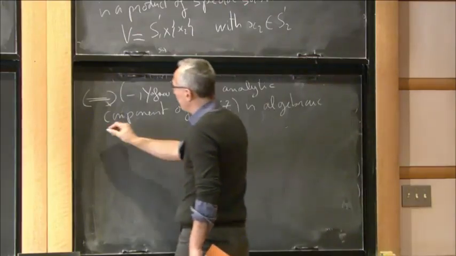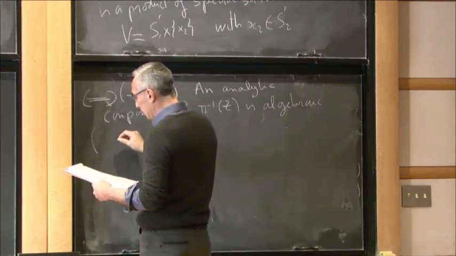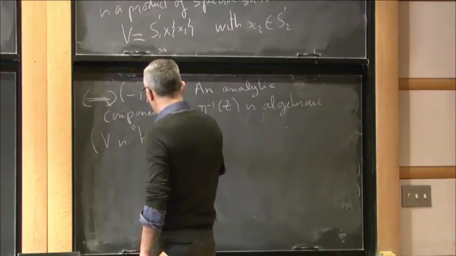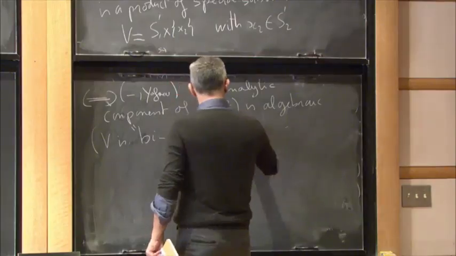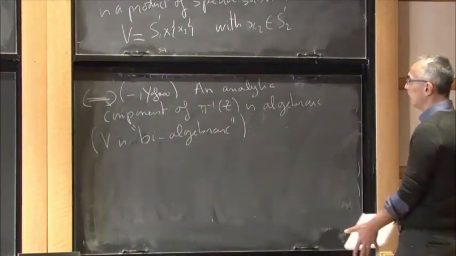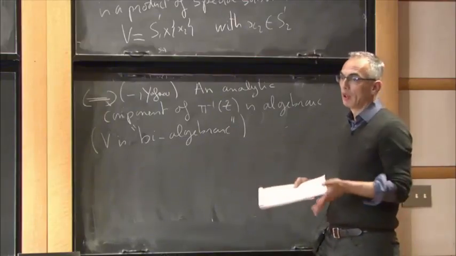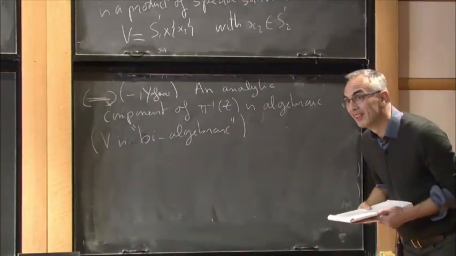So I would say that V is bi-algebraic. So V downstairs is algebraic. You take the inverse image, you find something algebraic. Perhaps you could explain to us why.